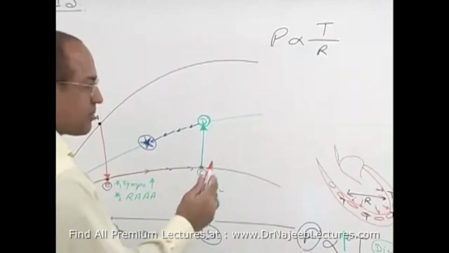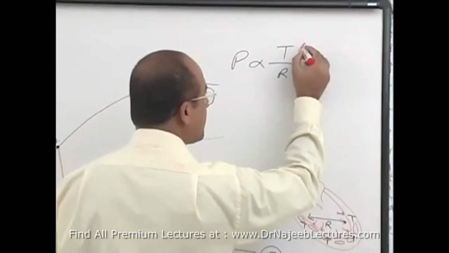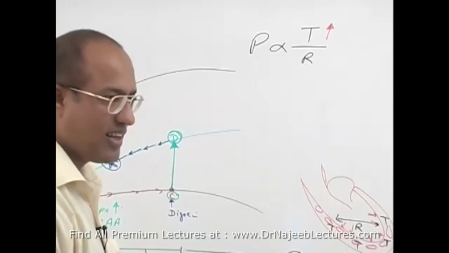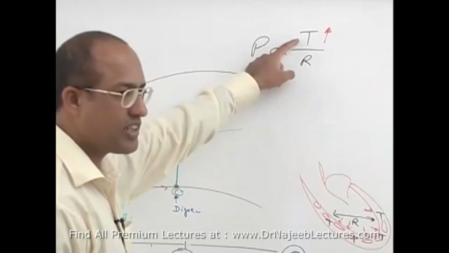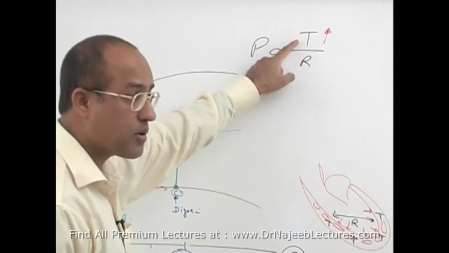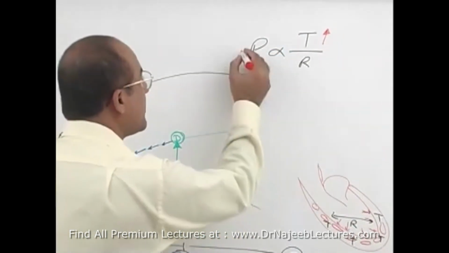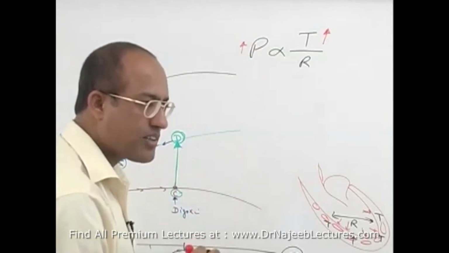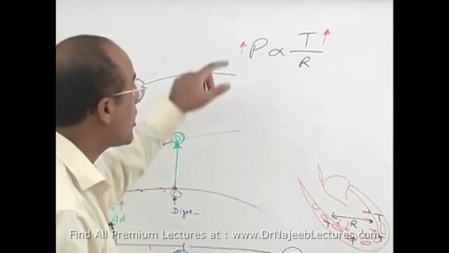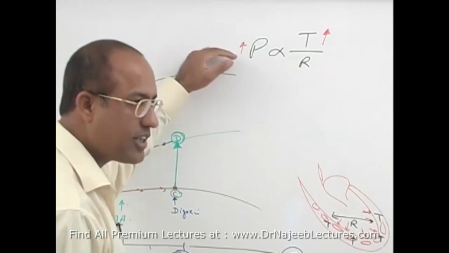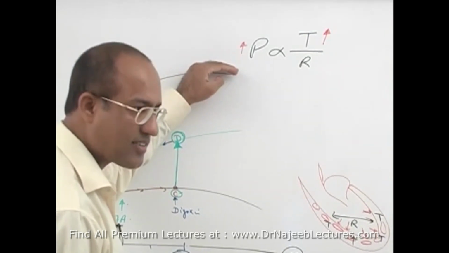Now go step by step. When you digitalize the patient, first tension went up. Look, you have to talk about all these three things. The tension went up. When tension went up, cardiac output became more. Right? It was able to produce more pressure. So the result was that there was more pressure. When pressure generated was more, cardiac output was more, the sympathetic nervous system started relaxing, the renin-angiotensin system started relaxing.